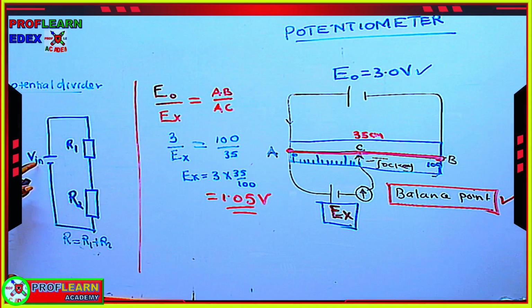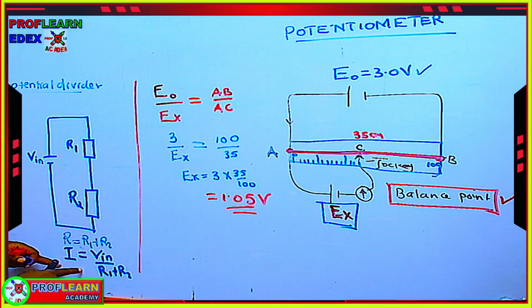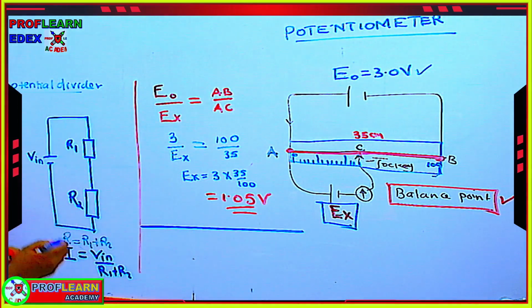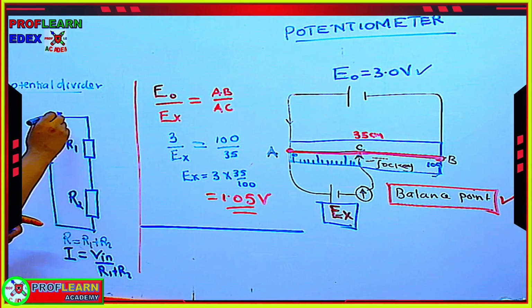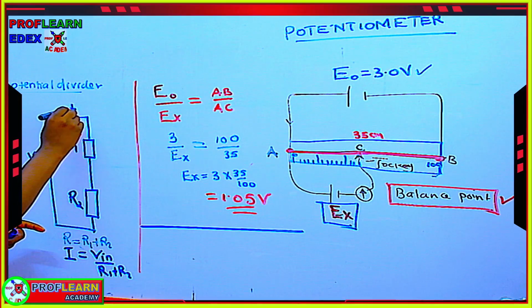Using Ohm's law, the current in the circuit is going to be V in divided by the total resistance, which is R1 plus R2. So this is the current around the circuit. Something we need to remember is that for a series circuit, current is the same throughout.